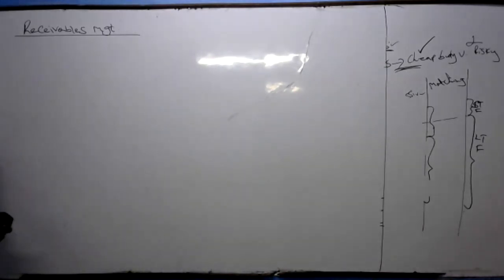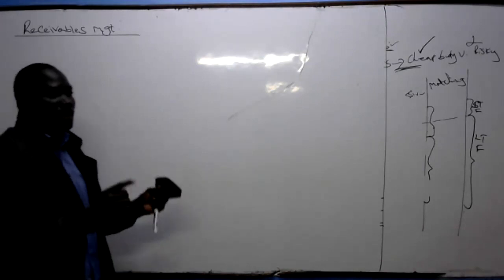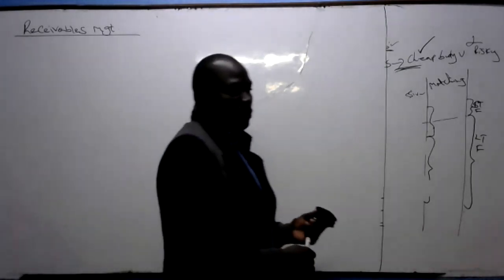Receivables period or the average collection period. You can put into brackets average collection period.